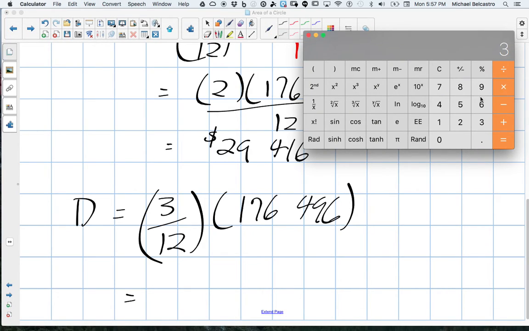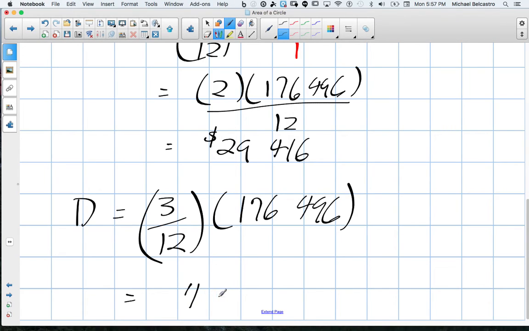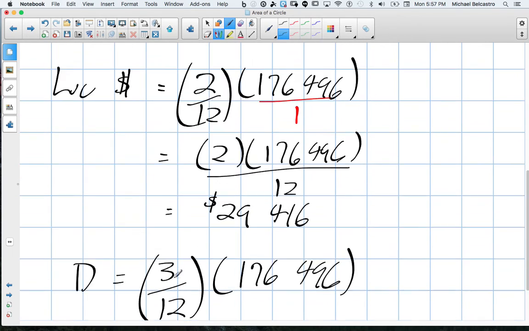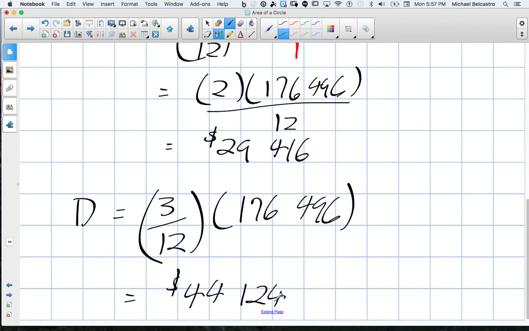So we do 3 times 176,496, and then we divide that by 12. That gives us 44,124. Deborah, not bad. And then the almighty Melanie, who makes more than both of them combined.